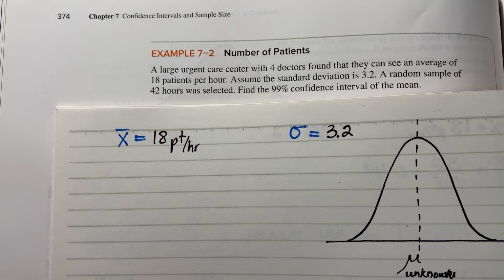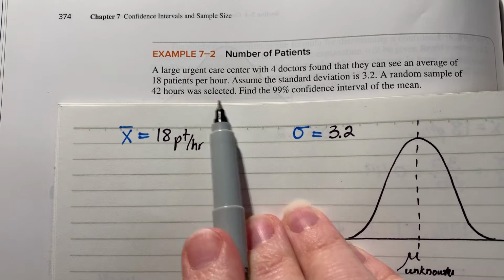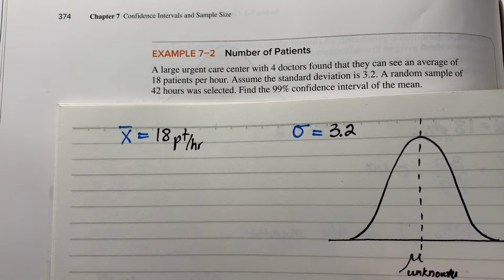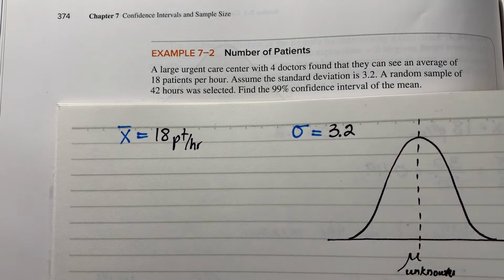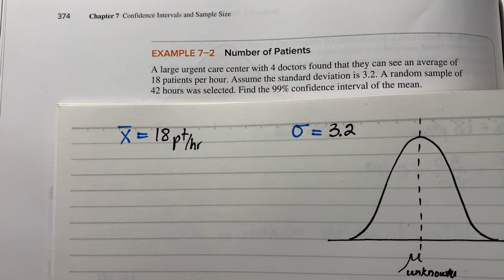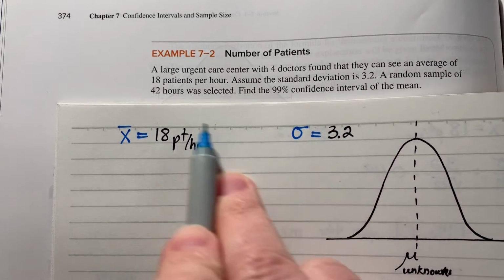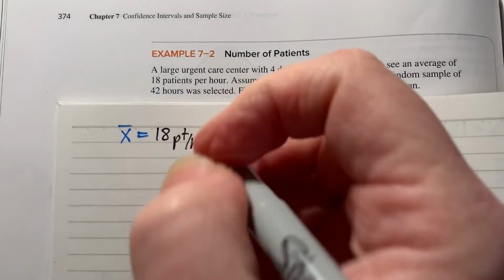Okay, let's continue reading. We know that a random sample of 42 hours was selected, and they're asking us to find a 99% confidence interval for the mean. So this is what we're doing here. In order to figure out the standard deviation of the statistic, you would have to take the standard deviation that they gave you and divide it by the square root of how big the sample size is.